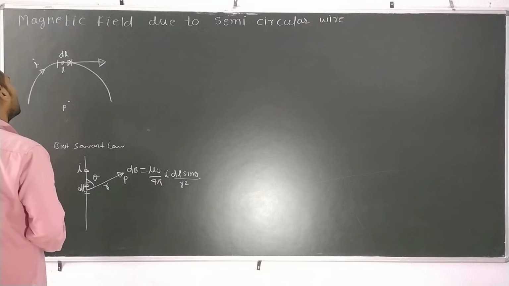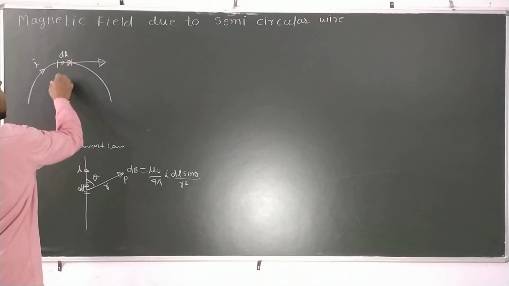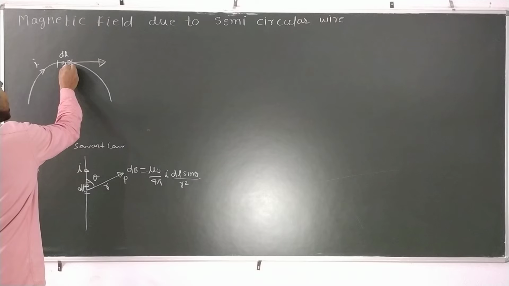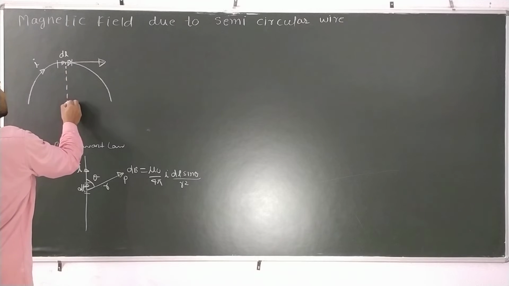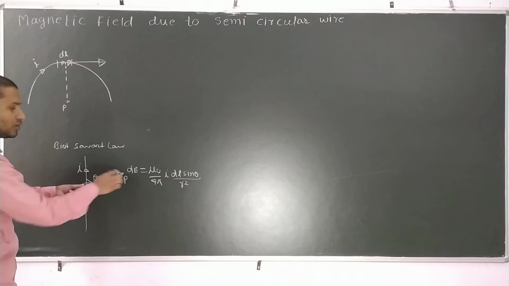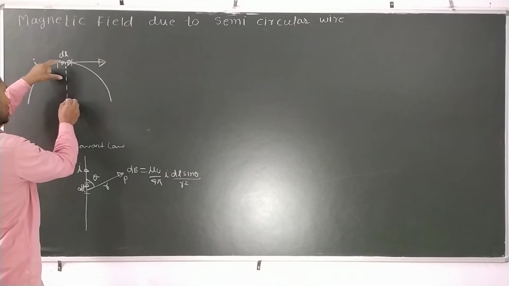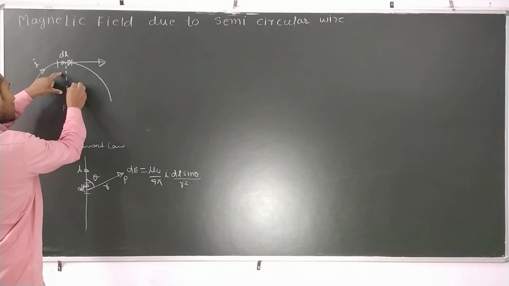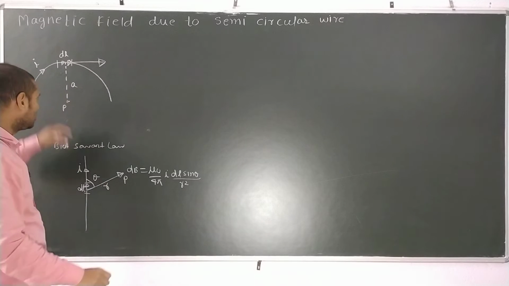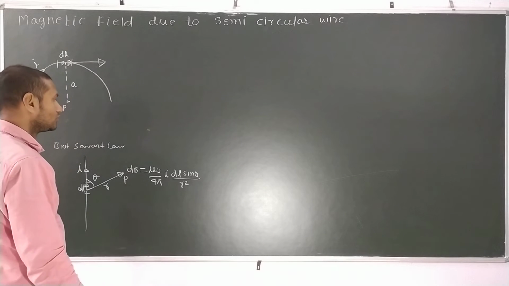Here r is the distance between the dl and point P, and this distance is the radius of the semicircular wire. We assume that the radius is a.